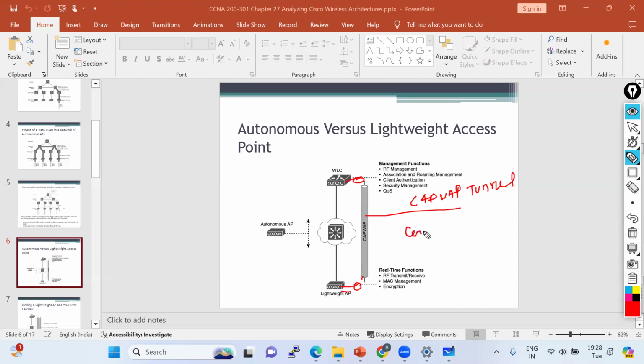That is known as Control and Provisioning of Wireless Access Point. Control and Provisioning of Wireless Access Point. These are the terminologies known as the CAPWAP tunnel. It is a very secure protocol.